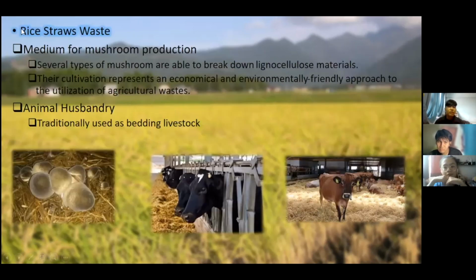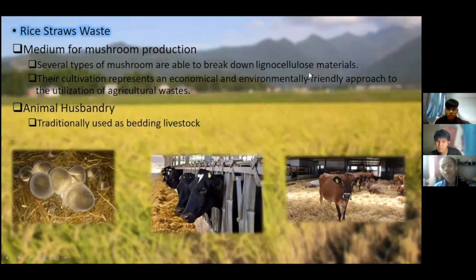And for the rice straw waste, it is suitable for a mushroom medium and for its production. Several types of mushroom are able to break down lignocellulose material.